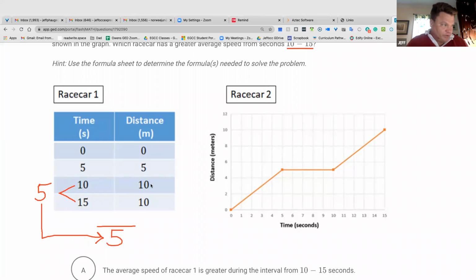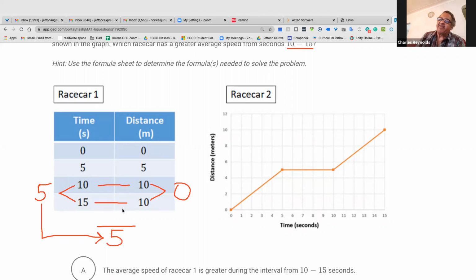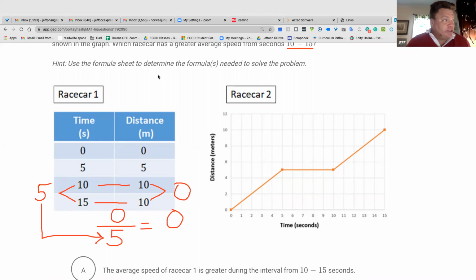Second one is those corresponding numbers. From 10 seconds to 15 seconds, it went from 10 to 10. So it didn't move at all. This is 0, the change. Will you put that 0 on top of that 5, Jeff? Yes, sir. And that is 0/5, which is 0. It didn't move at all. So that's how we read slope on a chart.